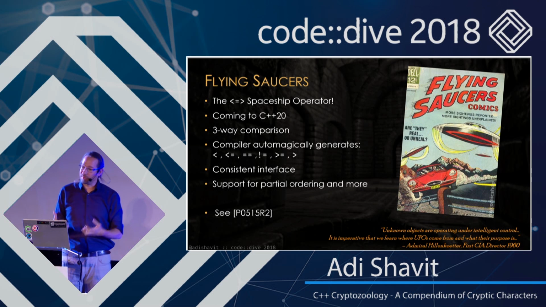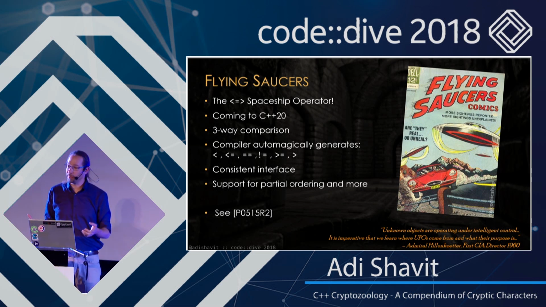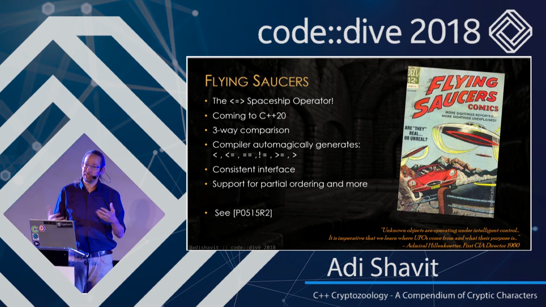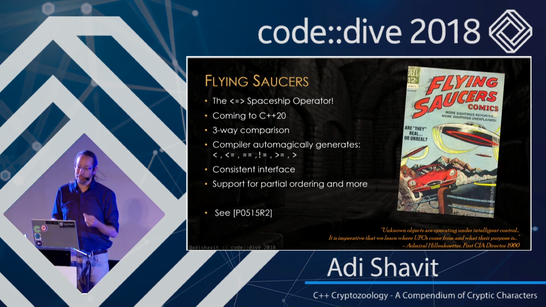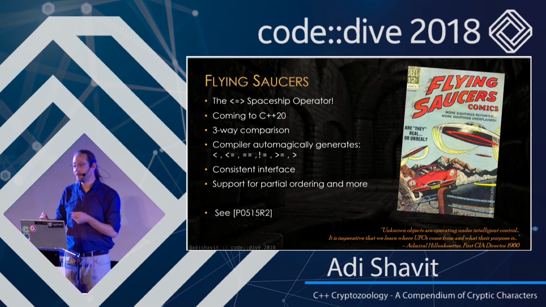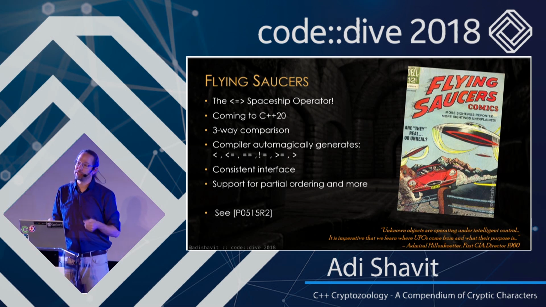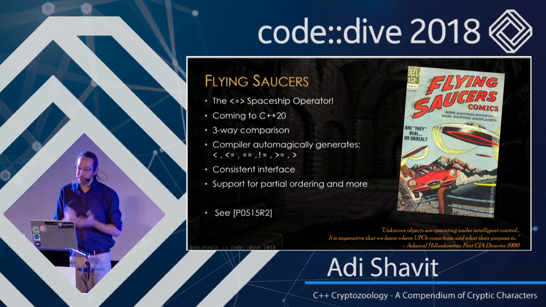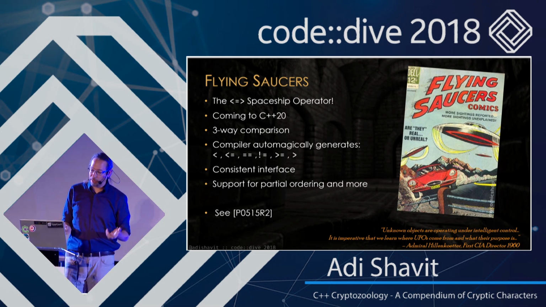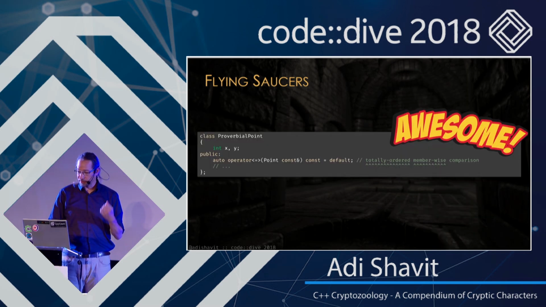And this provides a very consistent interface and a very concise way of defining operators, preventing a lot of bugs, since instead of having multiple implementations of each of these operators, now we have just one single implementation, and the compiler makes sure each one of these operations will be as efficient as handwritten code. But that's not all. The spaceship operator actually supports partial ordering and more, and it has some really awesome defaults.